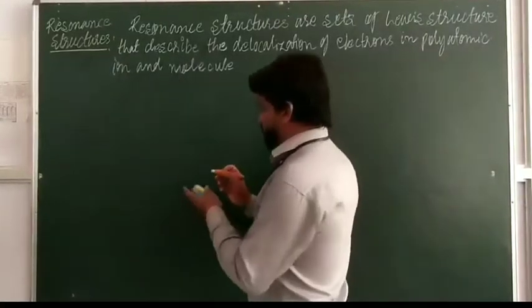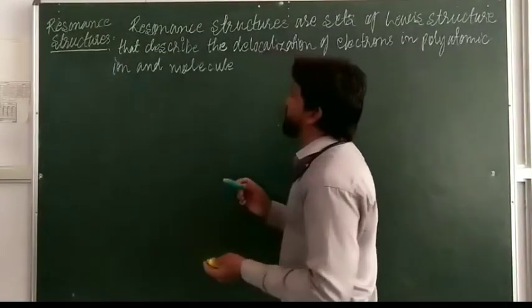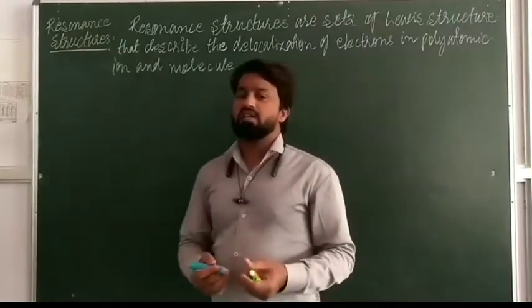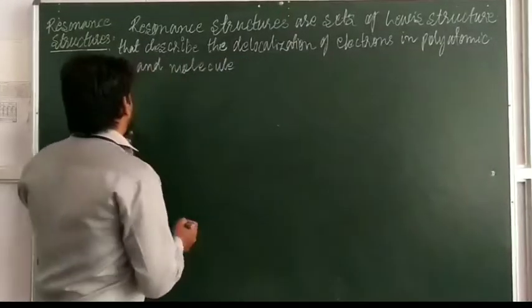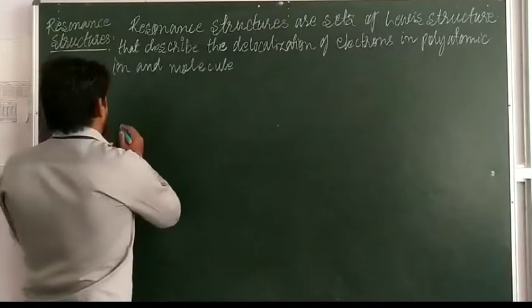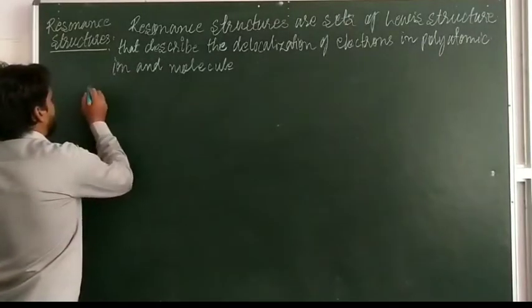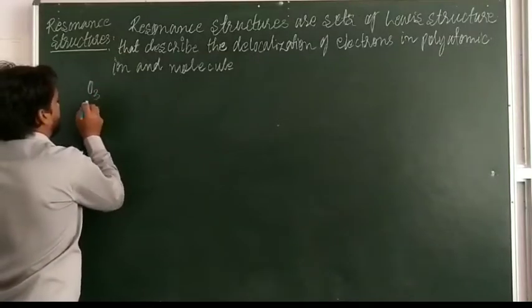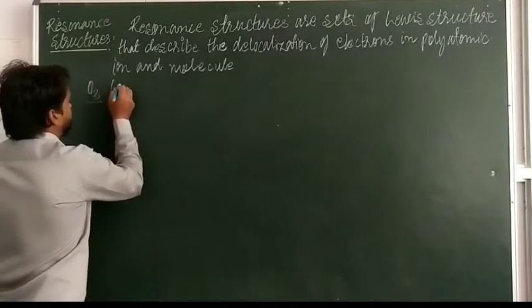For example, there are different kinds of resonating structures in which we describe different sets of Lewis structures. First of all, let's have a look at the ozone molecule.